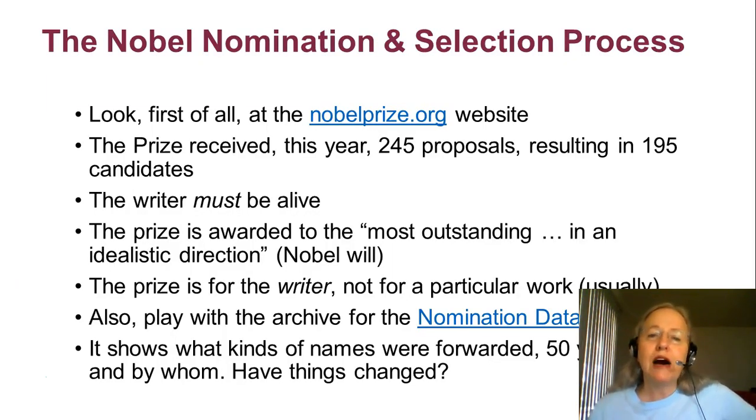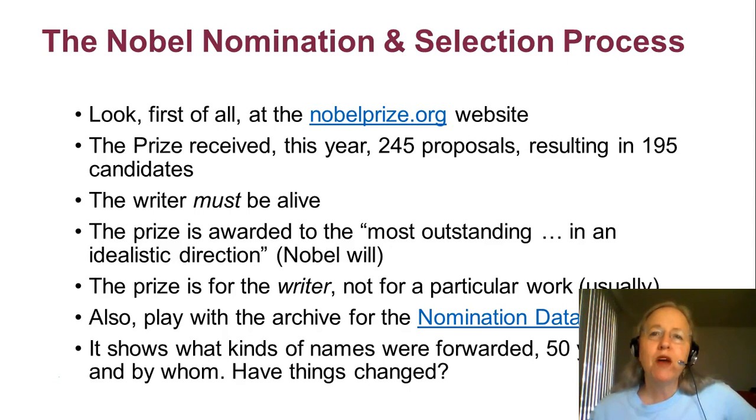So if we think then about this selection process, think again, when you're nominating your candidates, the writer must be alive. The prize will be awarded to the person who has produced the most outstanding work in an idealistic direction. The prize, again, is for the writer, not for a particular work, usually. Now, the Swedish Academy issues with each writer that wins what's called a Nobel citation.